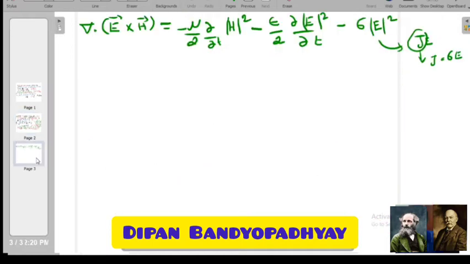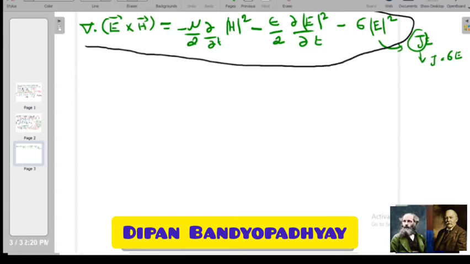You can check. So this is the equation where we are presently standing.